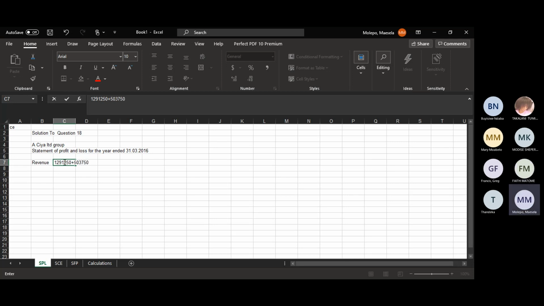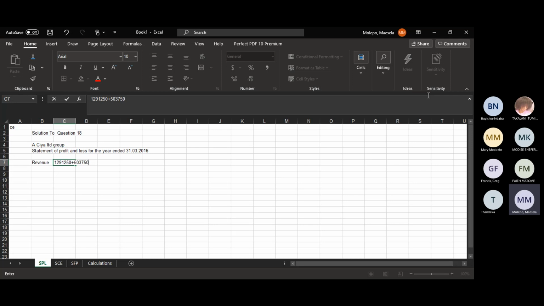Now there was the information on adjustment number 4, where they say SIA Limited, at the date of acquisition, purchased some of its packaging material from SIA, and SIA sells the packaging material to Hadebe at cost plus 25%.